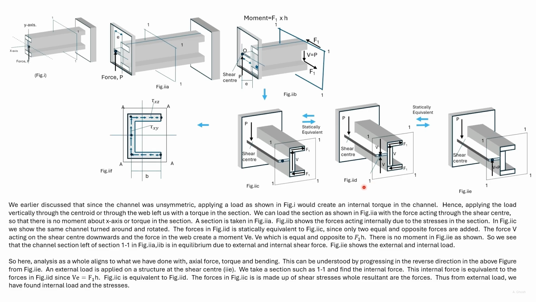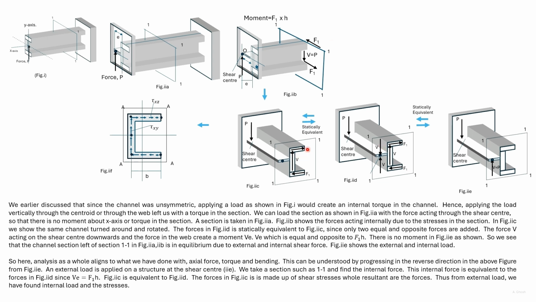Now, the forces in section 1-1 are equivalent in figure D and figure E. Two sets of forces, along with couples, have been added in this figure. This figure D is equivalent to figure C. Thus, in figure C, we have removed these two equal and opposite forces acting on the shear center.